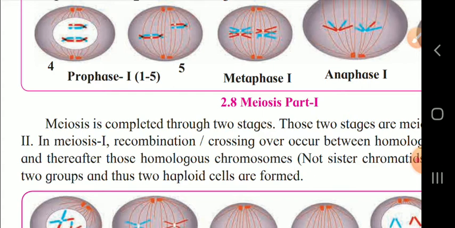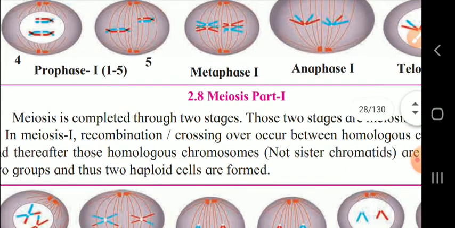Now meiosis is completed through two stages. Those two stages are, we can see meiosis 1 and meiosis 2.